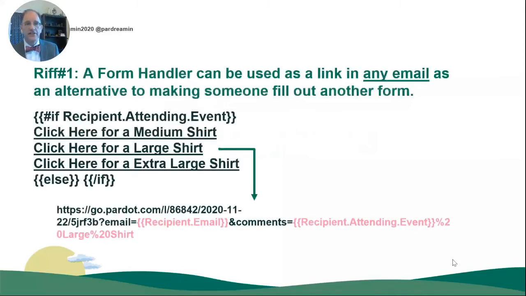So riff one here is that you can use a form handler as a link in any Pardot email you send. So you can send a form handler as a link in an email as if it was any other link. But you can use this as an alternative to making someone fill out another form. So for example, you could have 3 different links. Click here for medium shirt, click here for large, click here for an extra large. And each link is formatted in such a way that it's filling out the form handler when you are submitting the field.